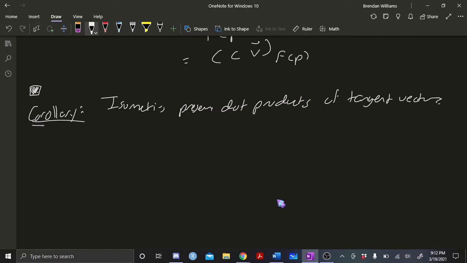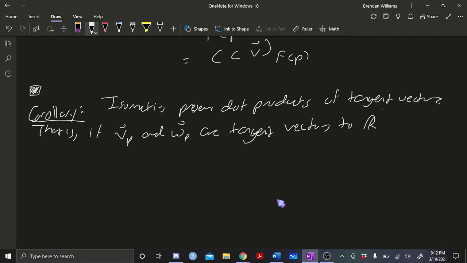That is, if v sub p and w sub p are tangent vectors to R3 at the same point, that same point is P.